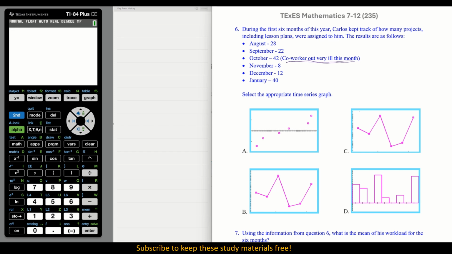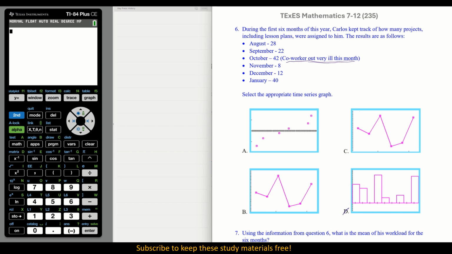But anyway, those are just values. They're random given. Okay, so it says select the appropriate time series graph. The first thing we need to notice is which one of those is absolutely 100% not a time series.